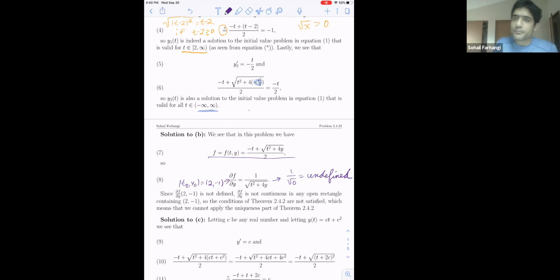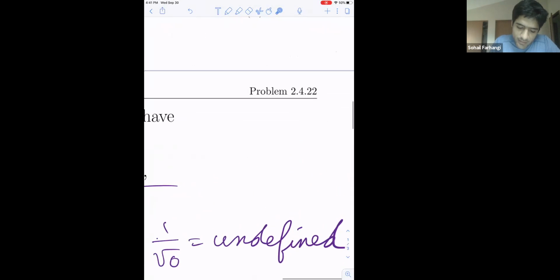Now also, maybe a slightly more sophisticated method of seeing we don't satisfy the theorem, or a method that depends more on your understanding of continuity, is to notice, instead of checking the partial of f with respect to y, that the function itself is defined at 2 comma negative 1, but it is not continuous on any rectangle containing 2 comma negative 1. So let's delve into that in a little bit more detail.